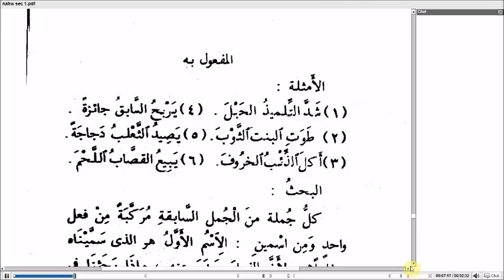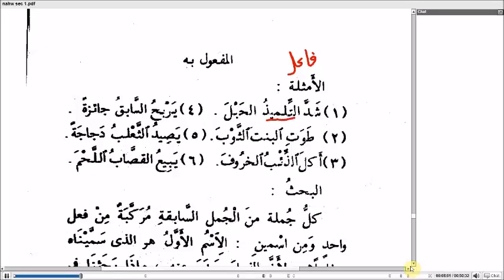Now, we go back to number 1. Shadda al-tilmidhu al-habl. The student tied the rope. The girl folded the clothes. The wolf ate the young sheep. Look at those 3. We see the one who's doing the action, which we learned last week is called the fa'il, the doer.